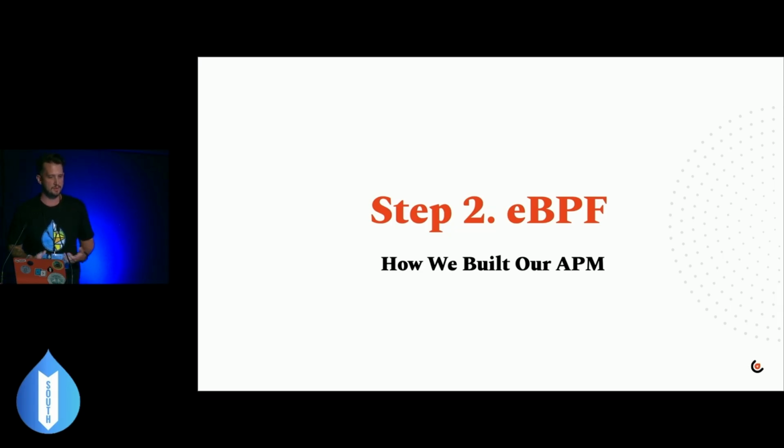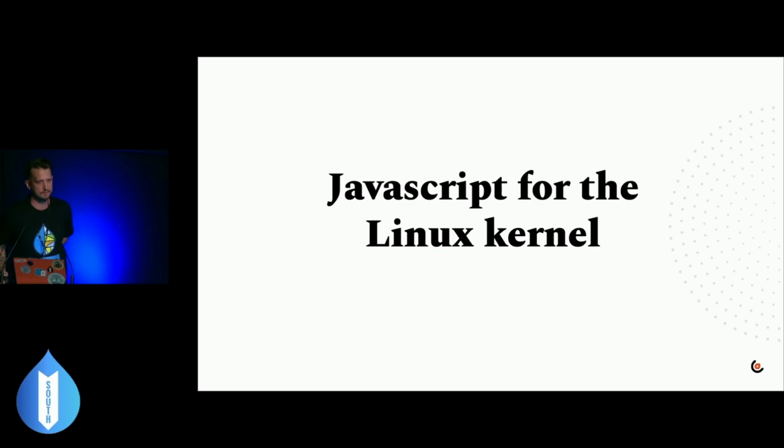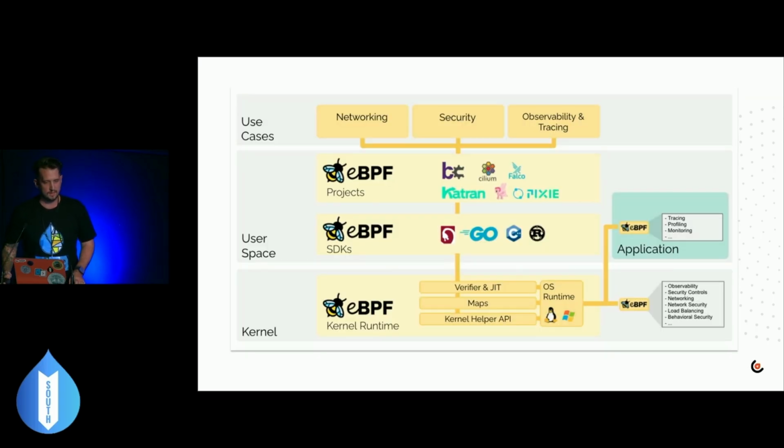So this is where eBPF comes in. eBPF, with the cute little logo, is kind of summarized as JavaScript for the Linux kernel. So there's this whole ecosystem that's booming in the container native world.